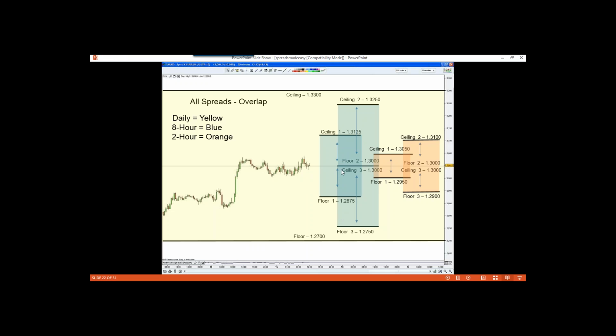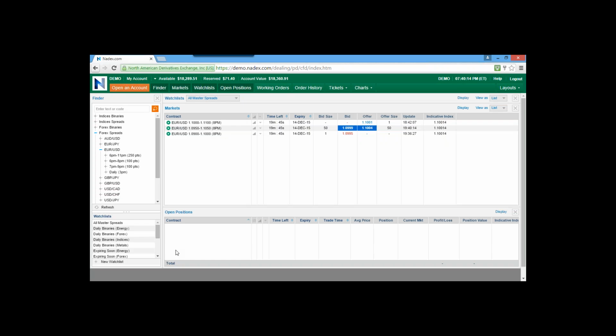You've got another spread that has a ceiling of that going down 100 points. And then you've got one that's kind of right in the middle, where it's 50 up, 50 down. Does that make sense? So all three of them are 100-tick spreads. But one has a floor, one has a ceiling, and then one's right in the middle.